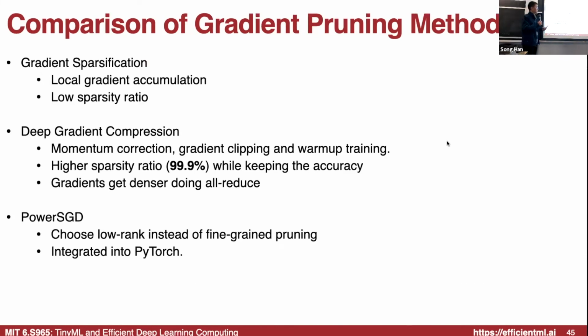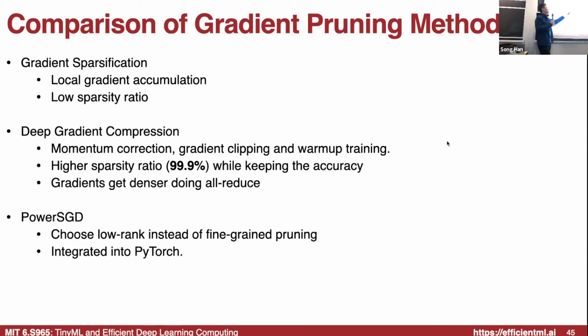So in summary, we talked about several gradient pruning methods, including naive sparsification using local gradient accumulation. The problem with that is the momentum, so we need to do momentum correction to accumulate the velocity rather than accumulating the gradient.